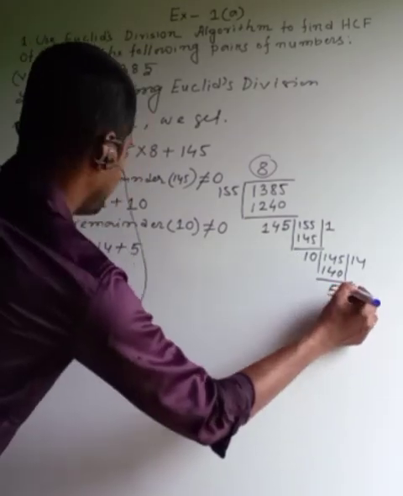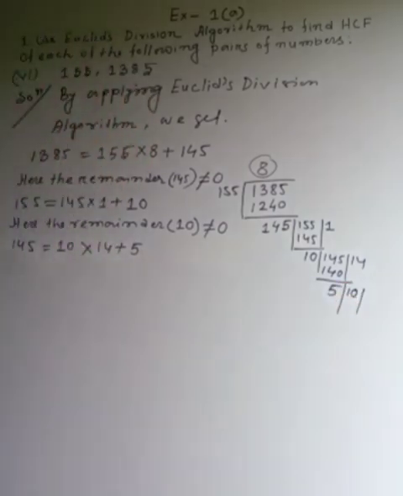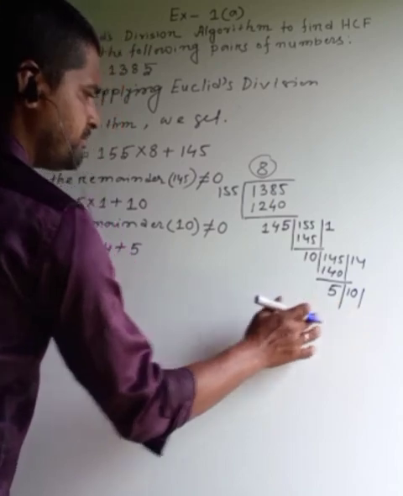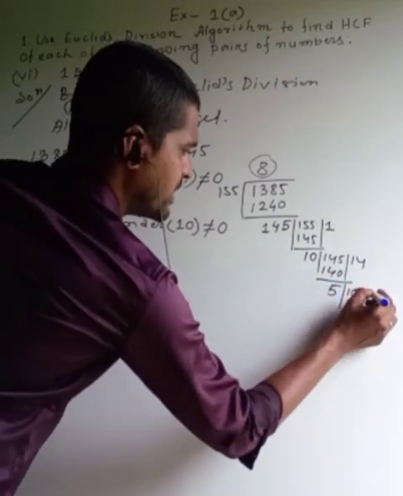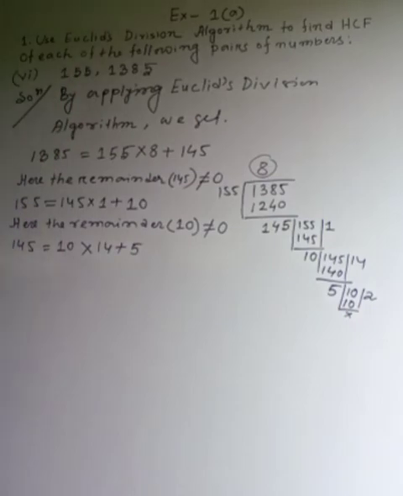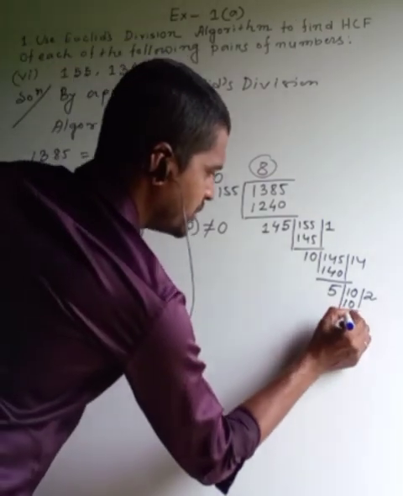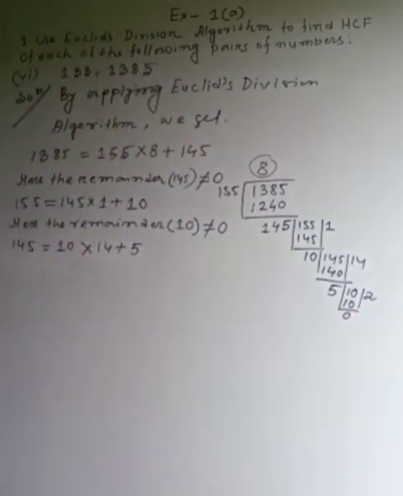So same process, with this remainder we have to divide the previous divisor. So 5, 10. So 5 2s are 10. It means 10 minus 10 is equal to, now you got the remainder 0.